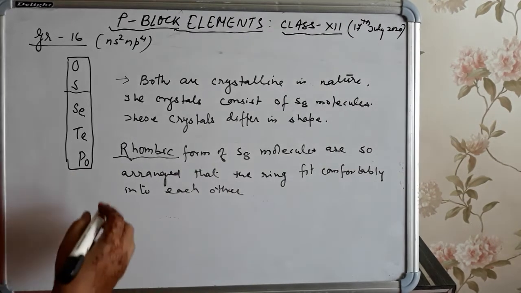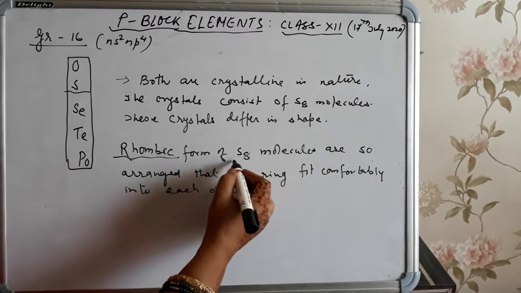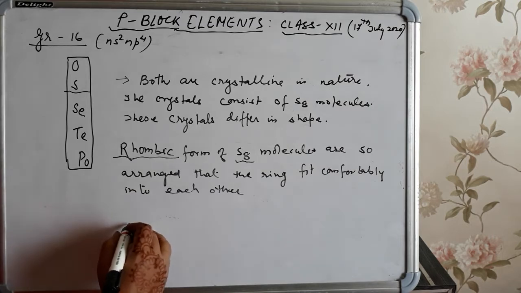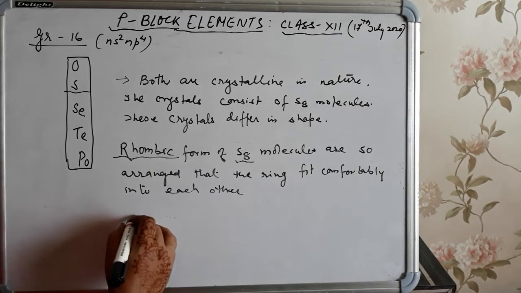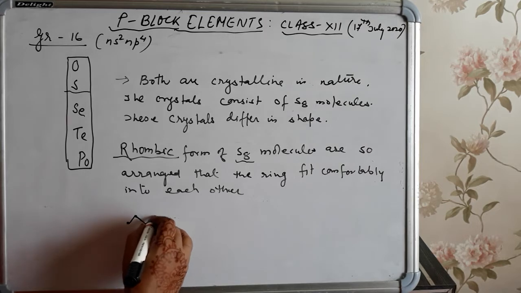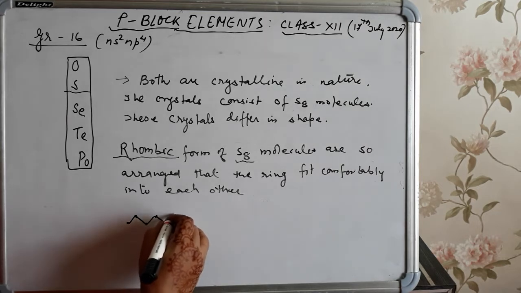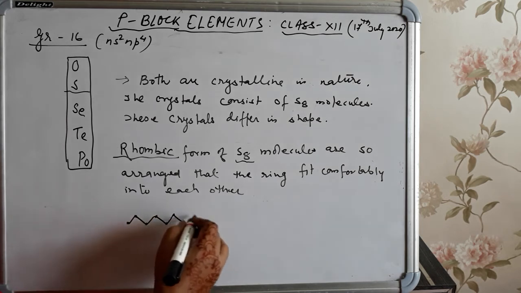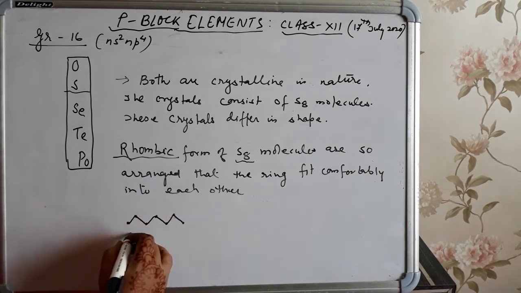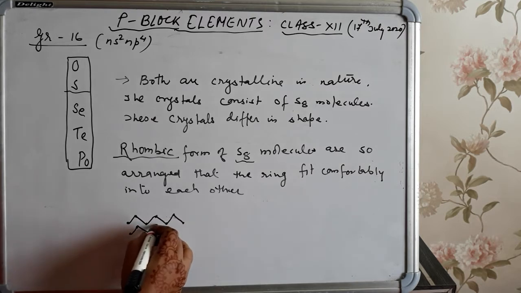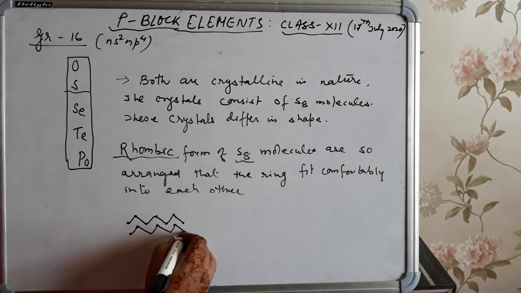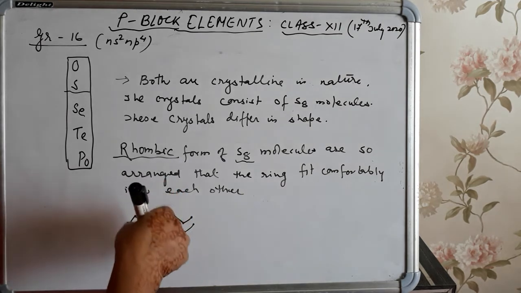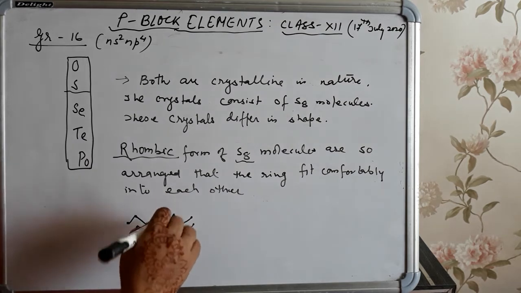Students, we all know the structure of the S8 molecule. This is the crown shape, which is called the puckered ring structure. For example, suppose this is one ring going this way, so another just fits into this line. It means one ring fits comfortably into the other.